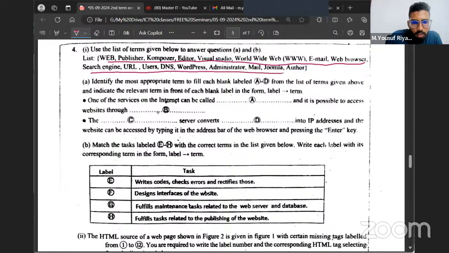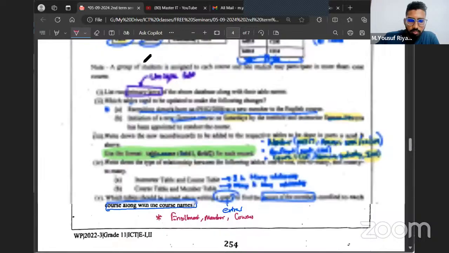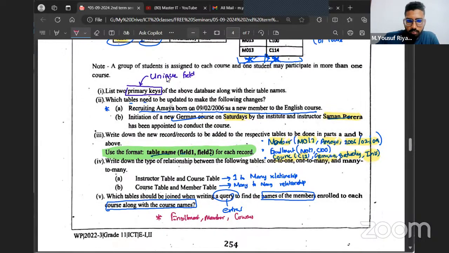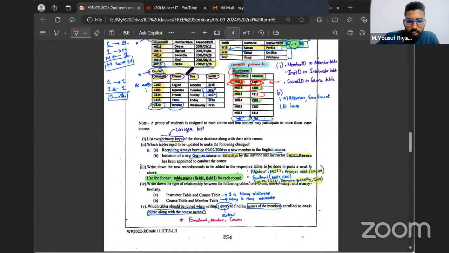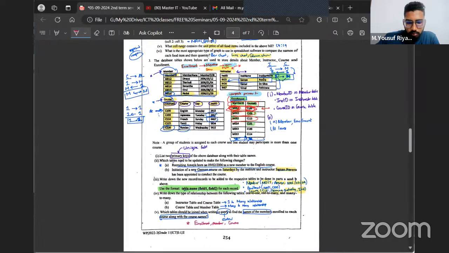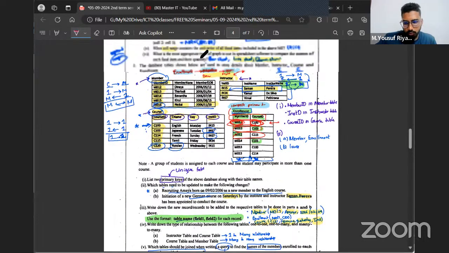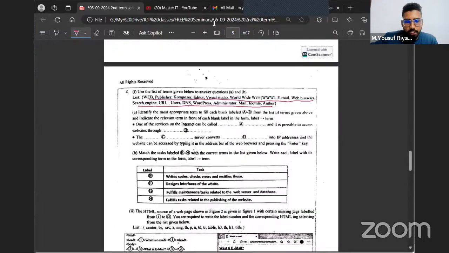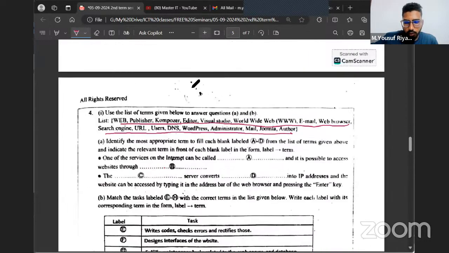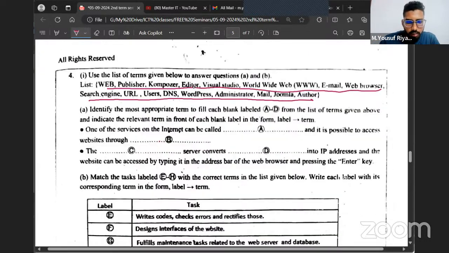they have given you one service of the internet. What is that? We are getting 7 services of the internet. Yes, if you take the services of the internet, World Wide Web is one service, and then email is a service.